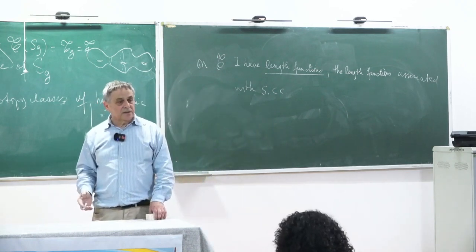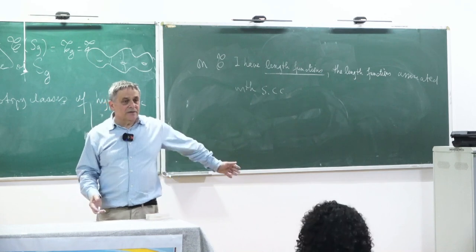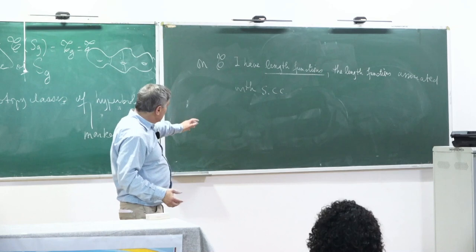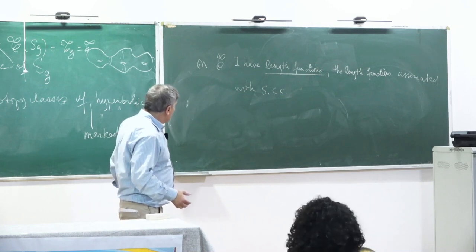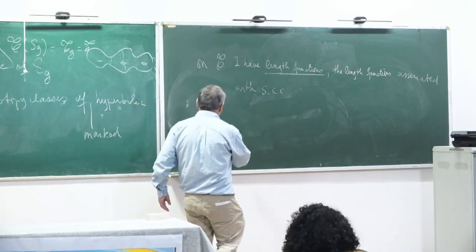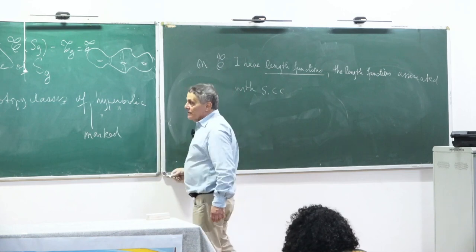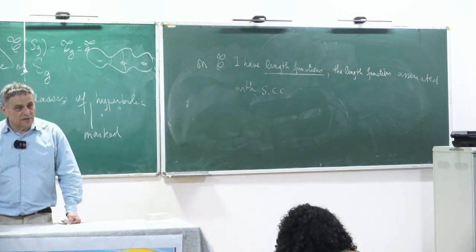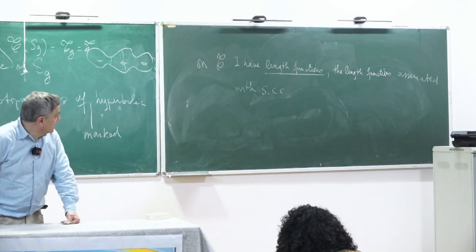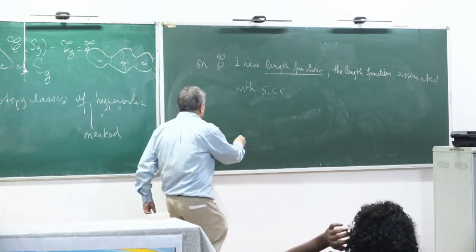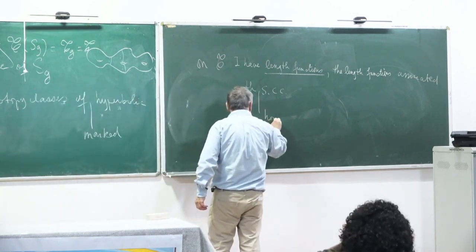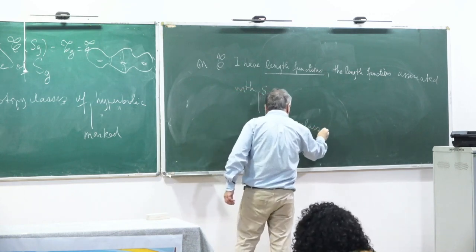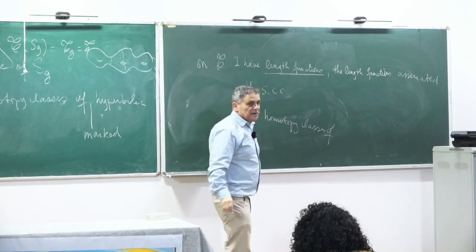You remember this? I tried to draw a few. You see the infinitely many homotopy classes of simple closed curves. The length function is associated with homotopy classes of simple closed curves. I forgot to say this.